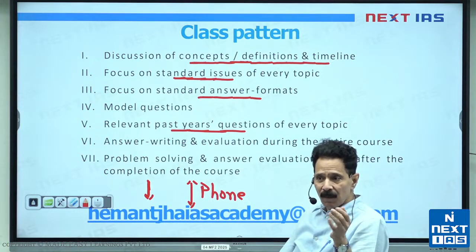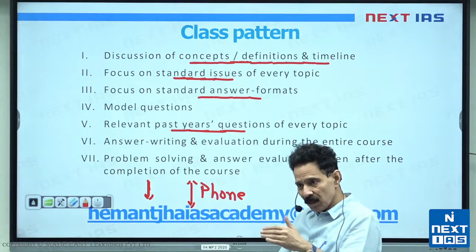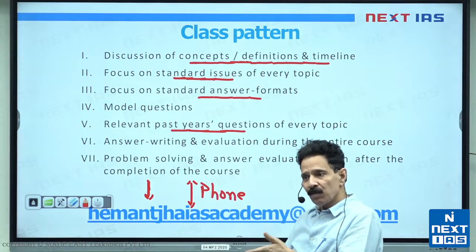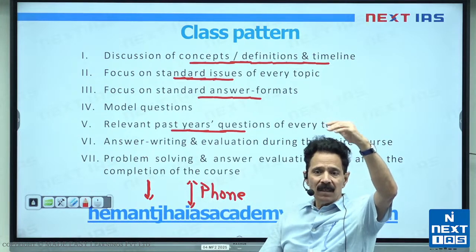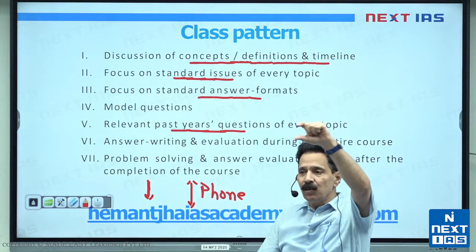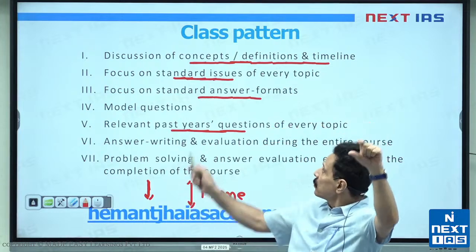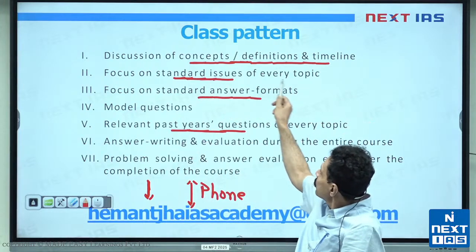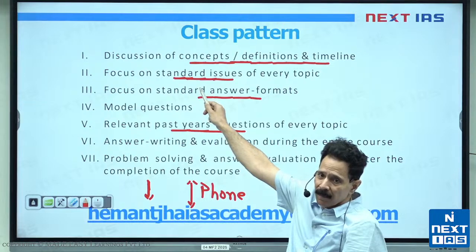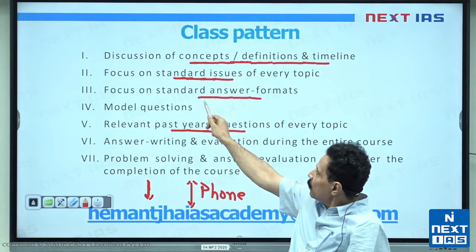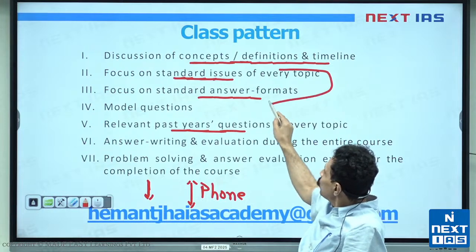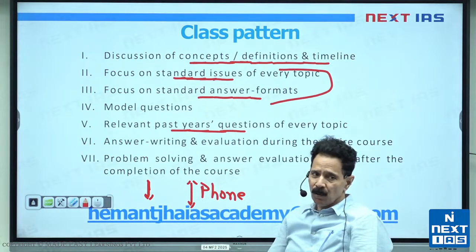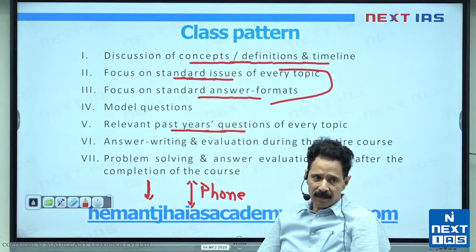But once you start, you try to raise to a higher level. Higher level means specific standard issues related to every topic. And developing this skill. Because without these two, you can never become an IAS. Why?